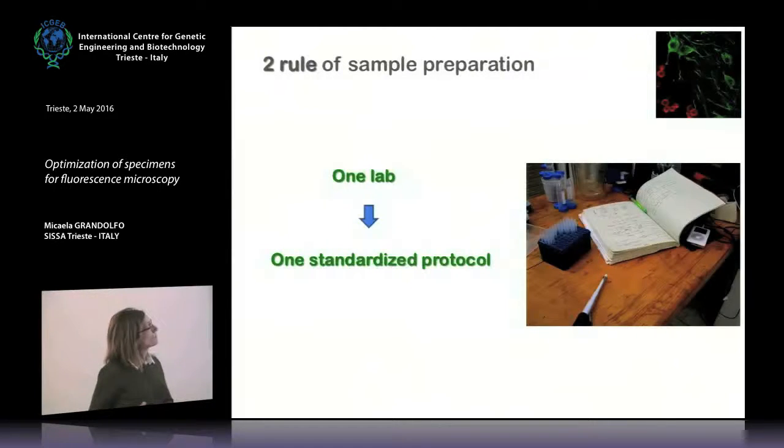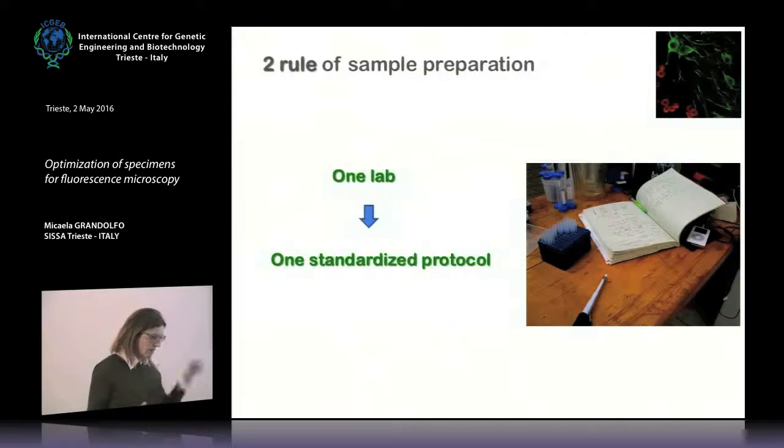The second rule is this one. It happens very often that in every lab there is just one standardized protocol to do immunofluorescence. And this is totally wrong, because of course for every sample you have to think about it and choose the proper fixation, the proper permeabilization.